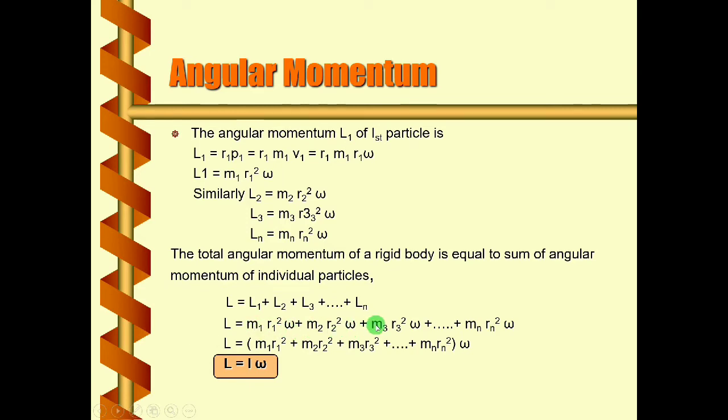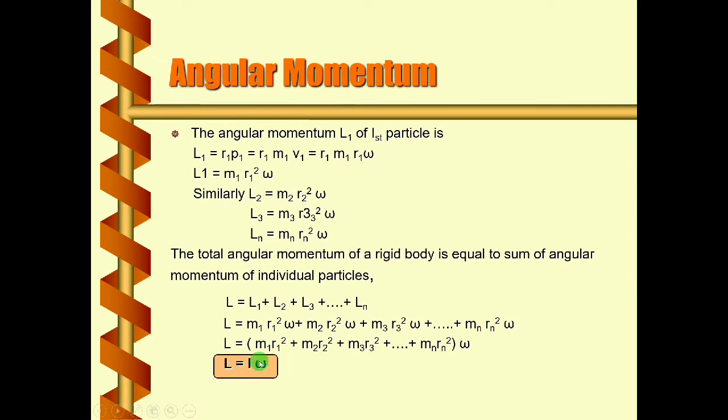You can see here omega is constant, so you can take it common. In the bracket the remaining terms will be m1 r1 square plus m2 r2 square plus m3 r3 square plus up to mn rn square, and this bracket term is nothing but I, the moment of inertia, that is the summation over i equal to 1 to n of mi ri square.